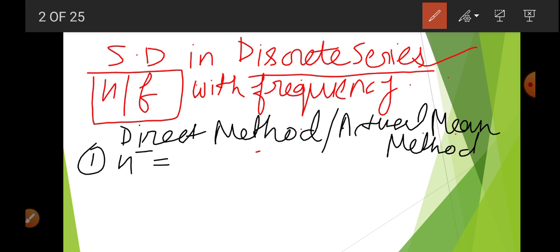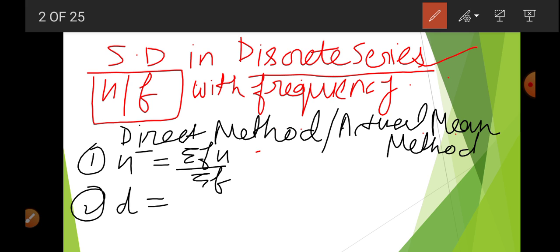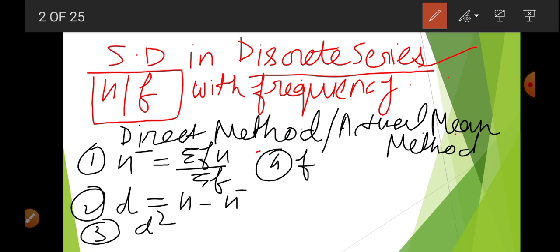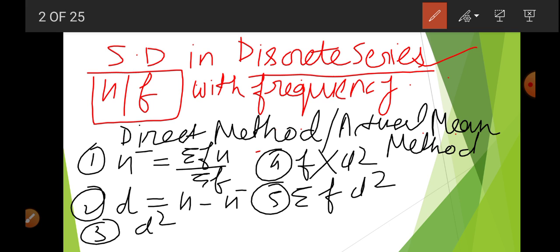We do it with the equation sigma fx upon sigma f. Now in the second step we are going to calculate deviation from this mean, so it is going to be x minus x bar. Okay, in the third step we are going to do d square, and in fourth step we are going to multiply f with this d square, and in the fifth step we are going to calculate its sum total, that is sigma fd square.